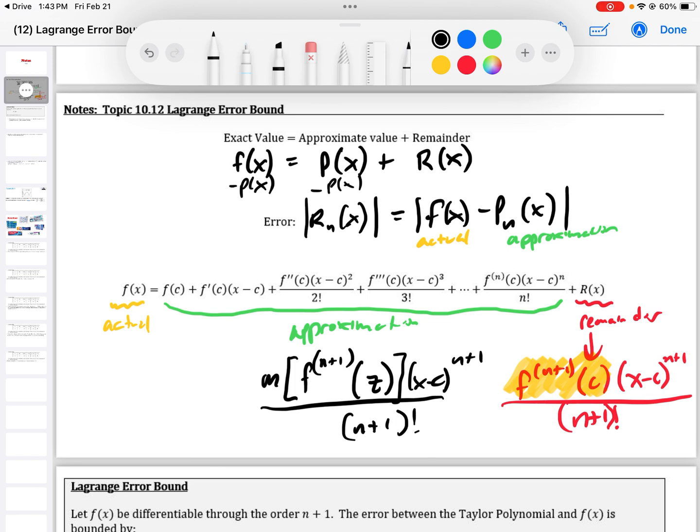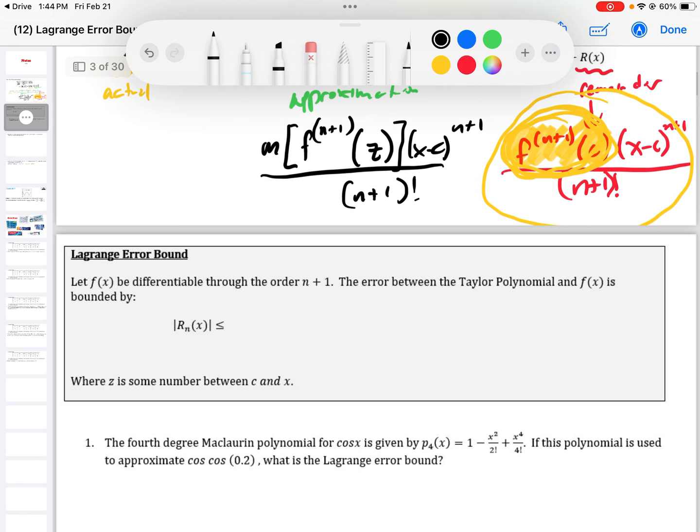So what this is saying is we're going to look at the very largest that this n plus 1 derivative can be. Instead of at the center, what's the biggest it could be altogether? For any value of z between x and c, what's the biggest? Then we know that's the absolute biggest this whole thing can be. So our error would be less than or equal to that.